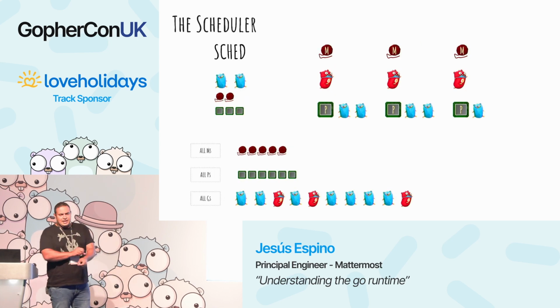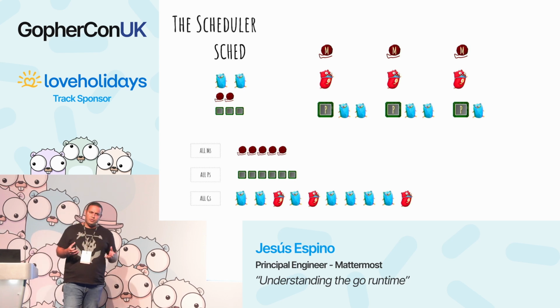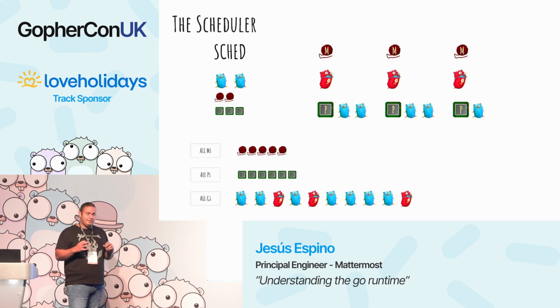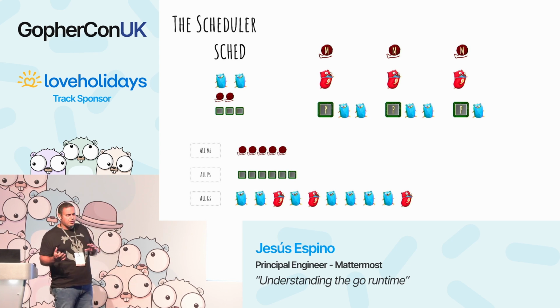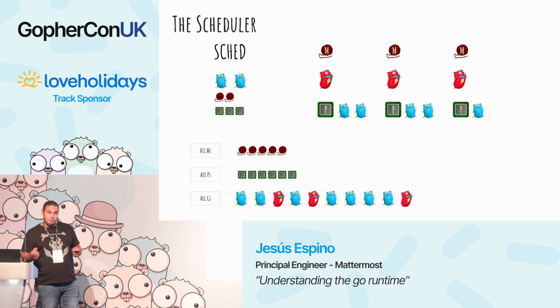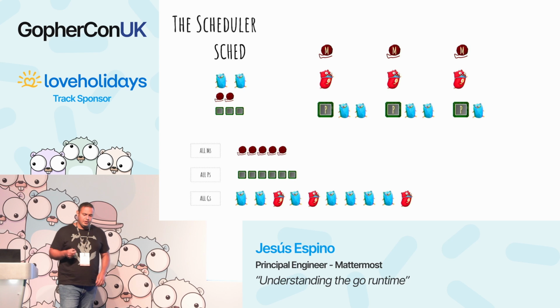So the scheduler is kind of like this. You have different structures. One of them is the P structure, for example, that is the processor. It represents a virtual CPU. The number of virtual CPUs is going to match the number of cores in your machine, or the GOMAXPROCS environment variable, if you have configured it manually.